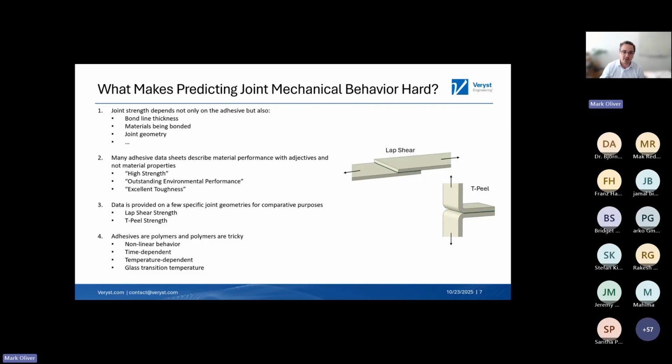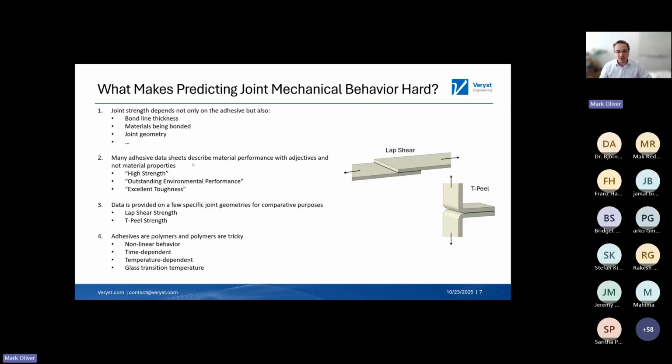The joint strength depends not only on the adhesive, but also the geometry of the joint, the bond line thickness, the materials that are being bonded, the process history, et cetera. And so you can't just take the properties of the adhesive and automatically extrapolate to how an adhesive joint will perform. That's one thing.